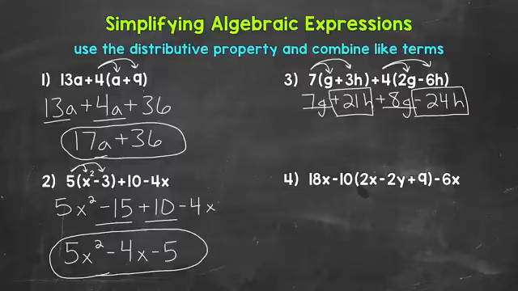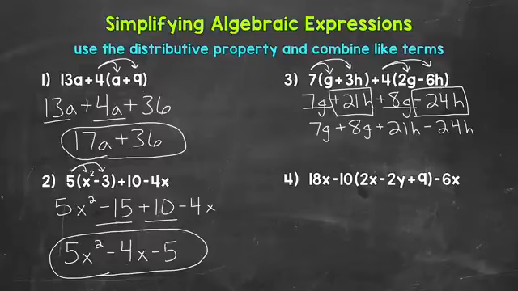Let's rewrite this with those like terms next to each other. So we have 7g plus 8g plus 21h minus 24h. Remember, that's a negative 24h. Now all of the like terms are right next to each other.